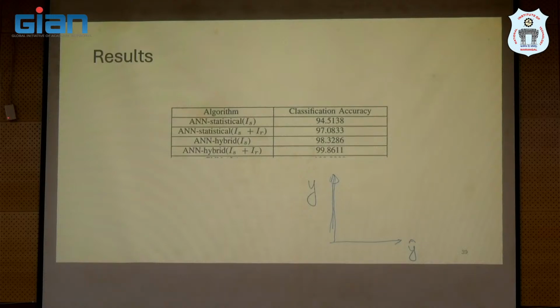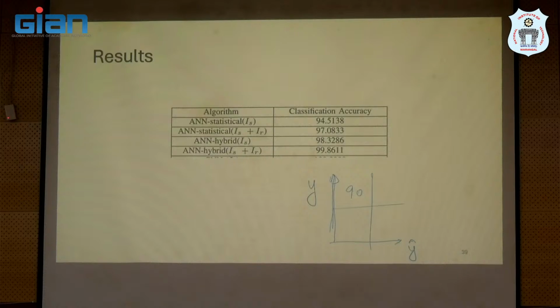If you have 100 data points, your prediction matches the ground truth 90 times, and 10 times the prediction does not match the ground truth. So that is the idea.